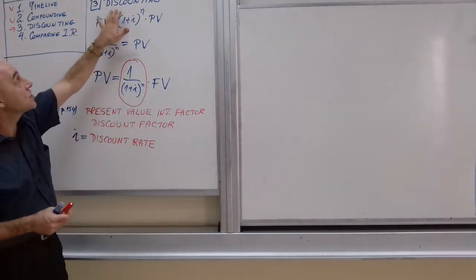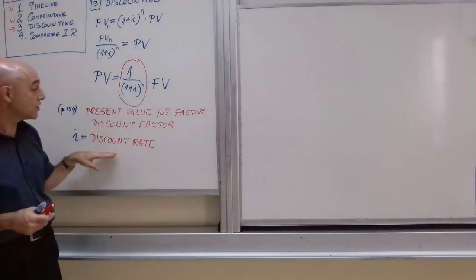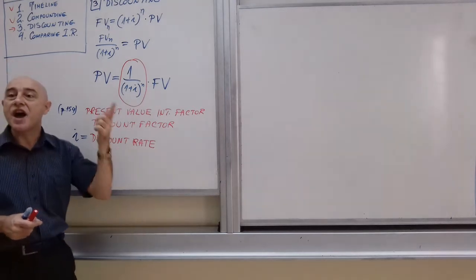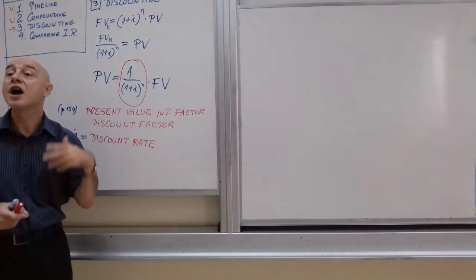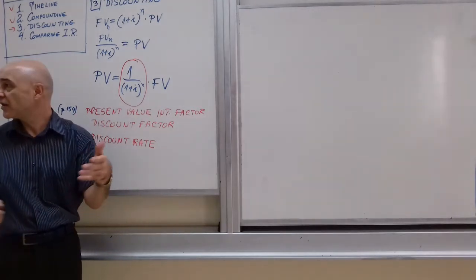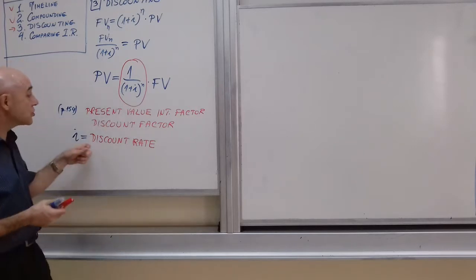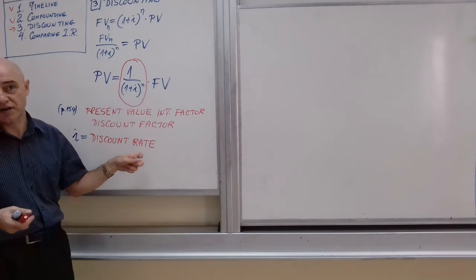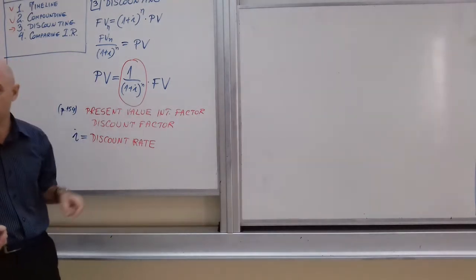Okay? The whole process is called discounting, and this interest rate is called the discount rate. The other interest rate will be called the compound rate or the compound interest rate. This could be the discount rate or the discount interest rate, both of them. The other will be the compound rate, compound interest rate.